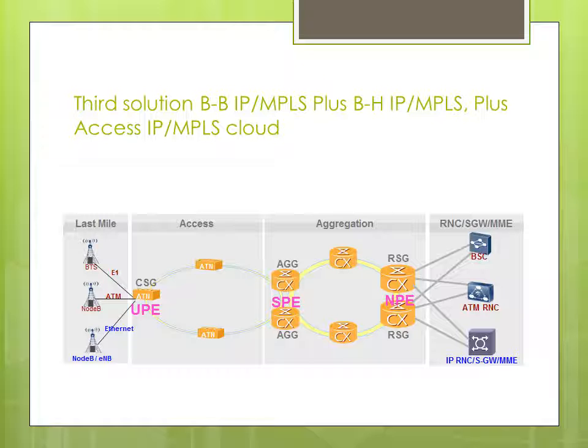After that, this first, initial IP MPLS cloud communicates with something called the aggregation backhaul cloud. The aggregation backhaul cloud integrates with the access cloud, so the access is the first IP MPLS cloud and the aggregation is the second IP MPLS cloud. Then those two aggregate finally with the IP MPLS core network.